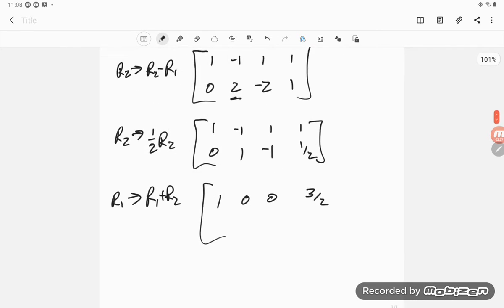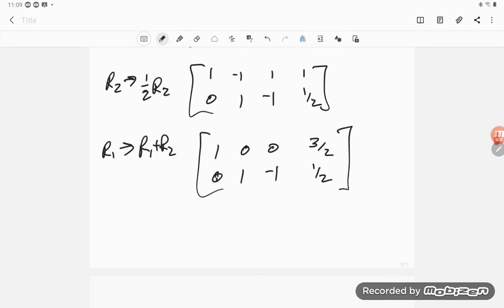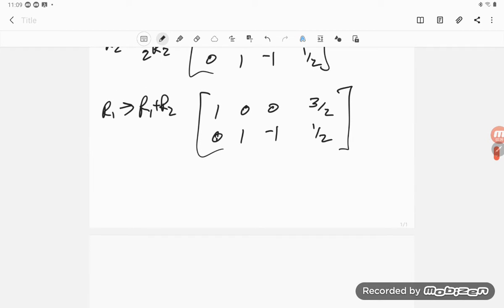And then down here I get 0, 1, -1, and 1/2. Okay, so at this point I have my reduced row echelon form because I can't do any more with anything to the right. I don't have any more rows to work with.